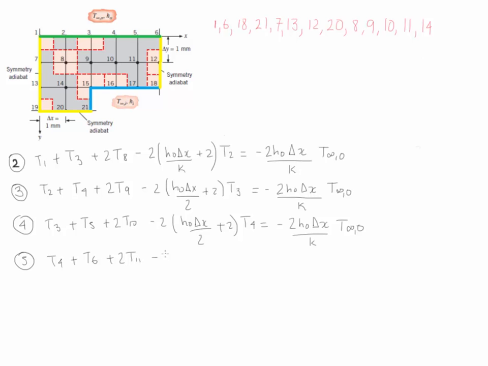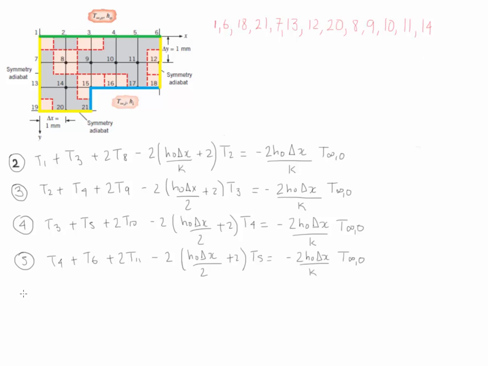And once again, this structure remains the same. Plus 2 T5 minus 2HO delta X over K T infinity O. For nodes 16 and 17, we use exactly the same equation. The difference is instead we're going to use HI and T infinity I.